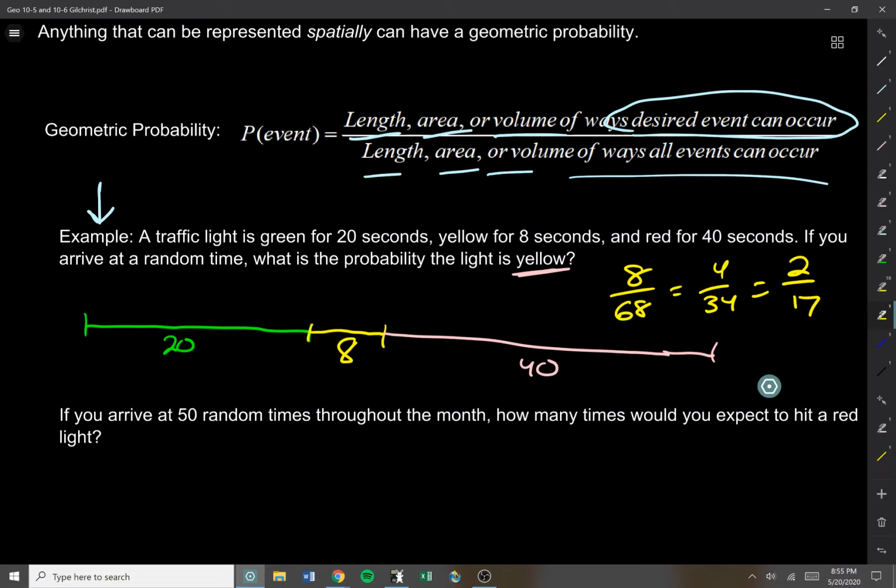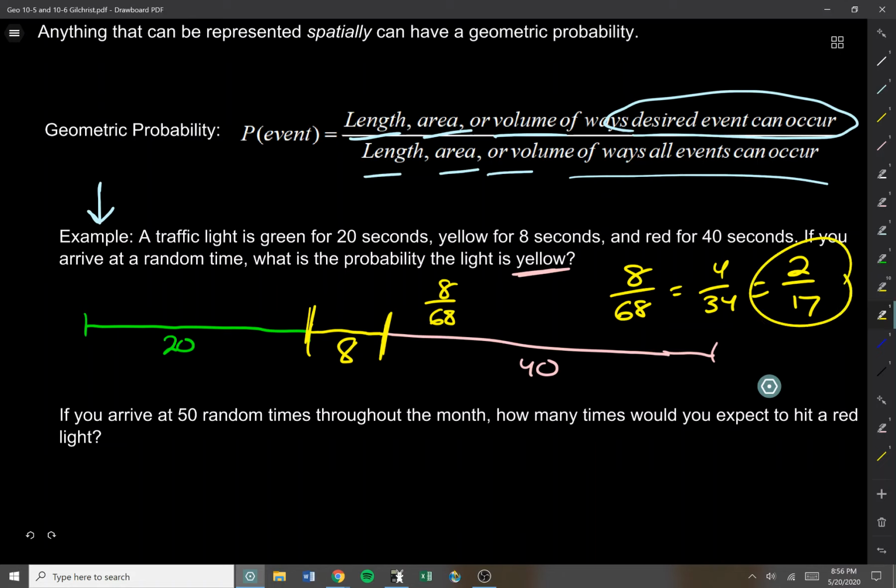So if I were to pick a point randomly on this number line, what is the probability that I pick a yellow point? Well, out of the 68 possible units, 8 of them are yellow, so it's again going to be 8 out of 68.